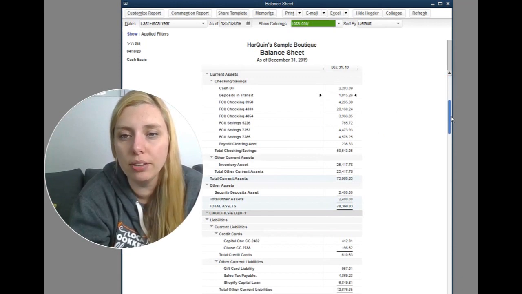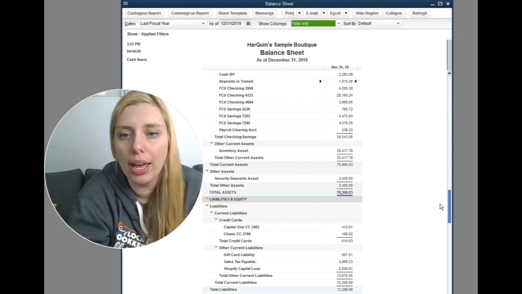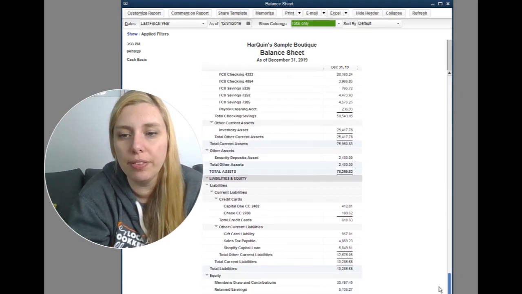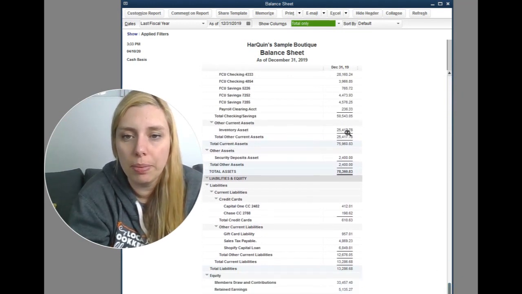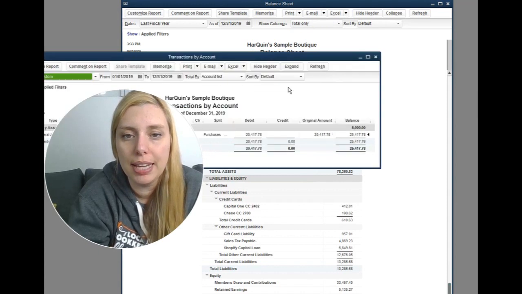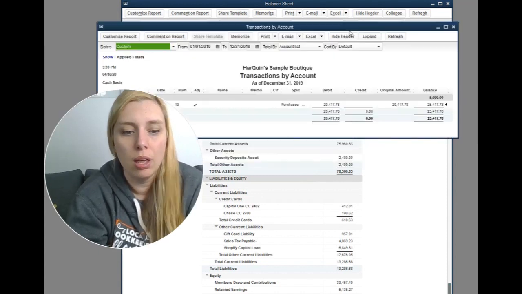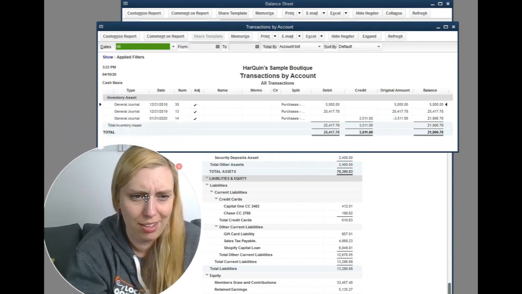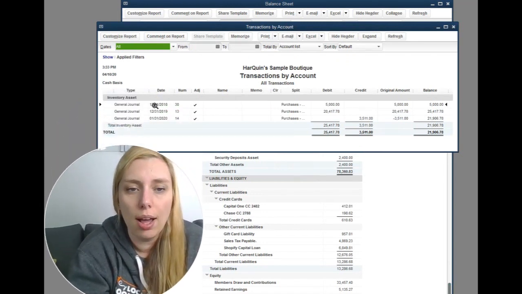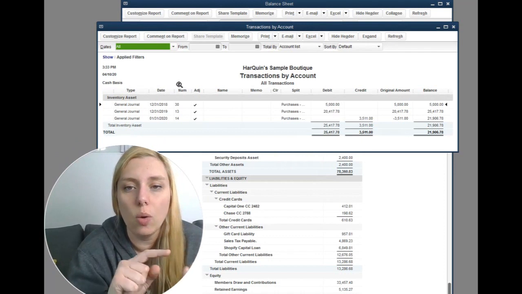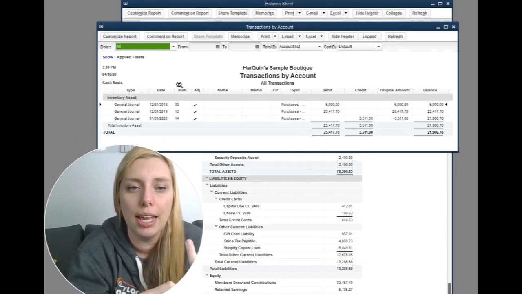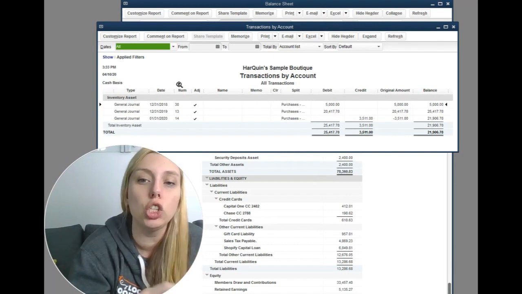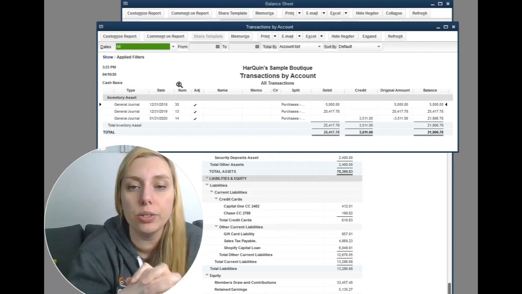All right, so we're moving down to inventory asset. We briefly touched on this in previous videos, but again, this should only contain either yearly or monthly adjustments. So this looks like this client went from 2018 to a once a year entry, 2019 once a year entry, and then is starting a monthly entry starting 2020.